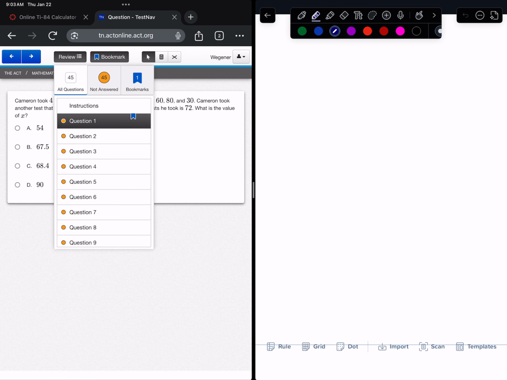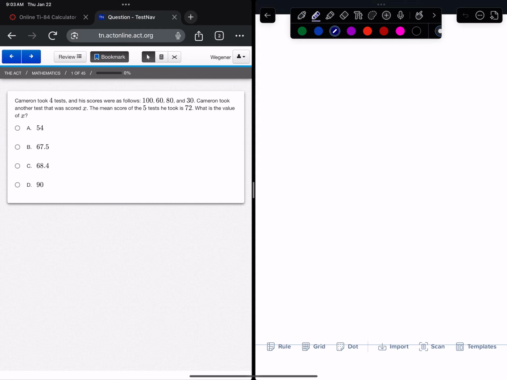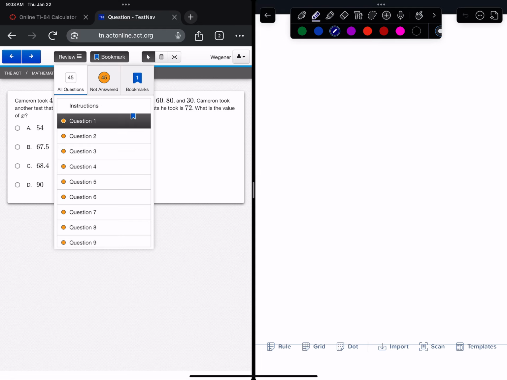So go ahead and answer every single question before the timer hits 0, okay? 5 minutes before the end of the test, you need to answer all the questions. It's better that you put something down rather than not putting anything at all, because there could be a chance you guessed right, okay? So that's just the overview of the bookmark.